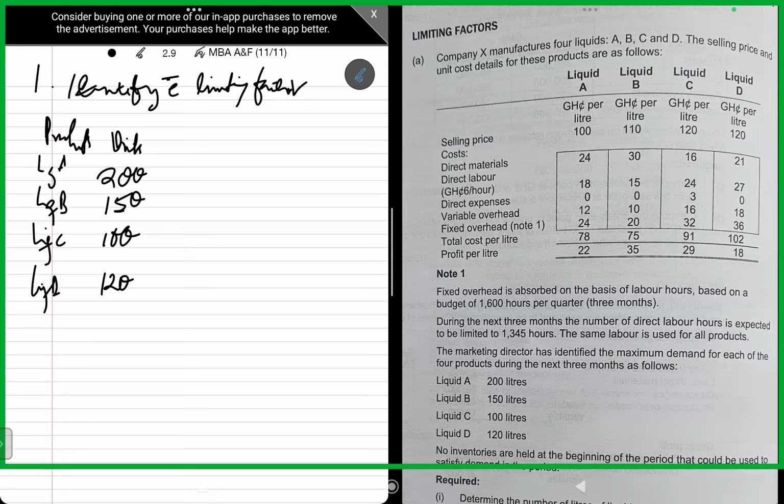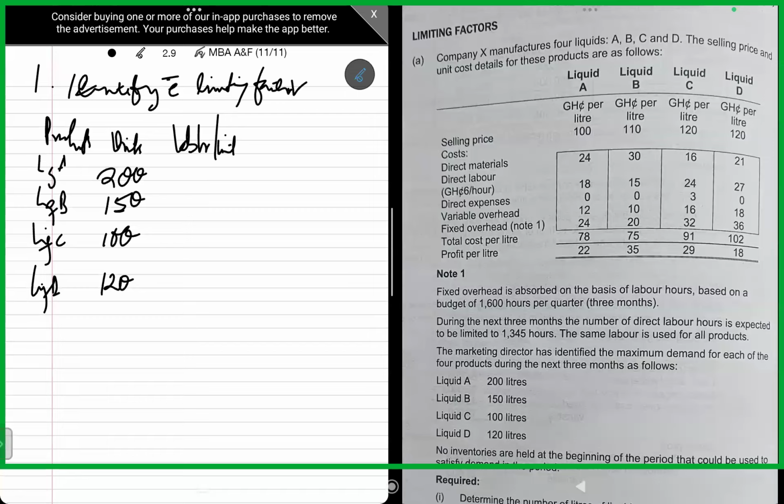So now we come here. First, we have to find the maximum. Having identified the limited hours we have, we have to know how many hours will actually be needed to produce all this number of units for the products. Now we go with labor hour per unit.